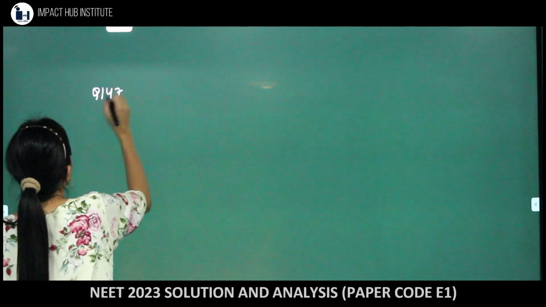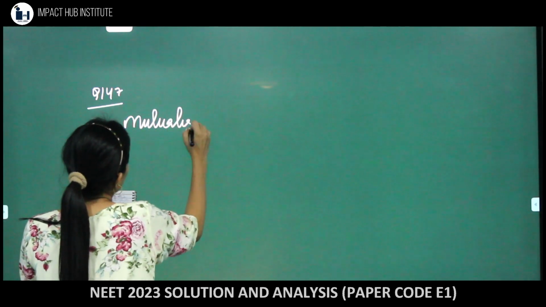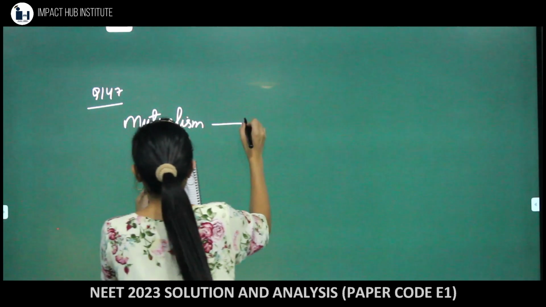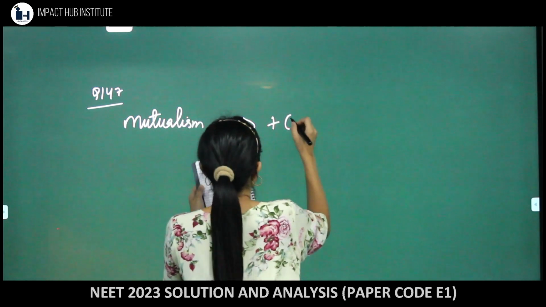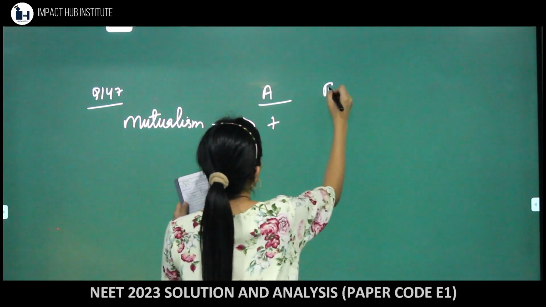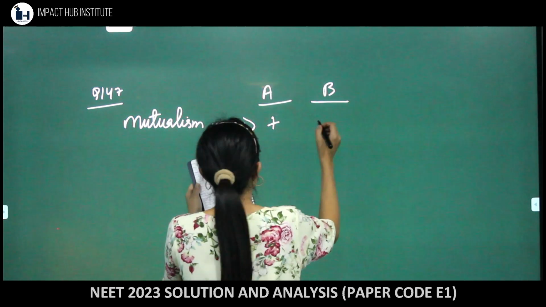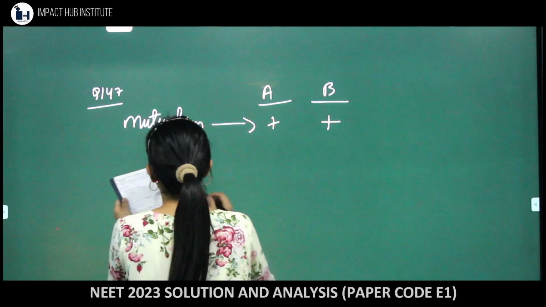Question number 147. The correct answer will be, for mutualism, both the species are benefited.